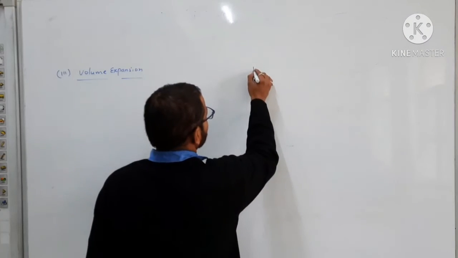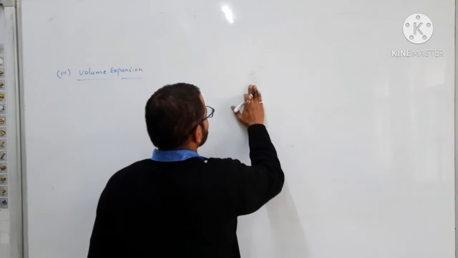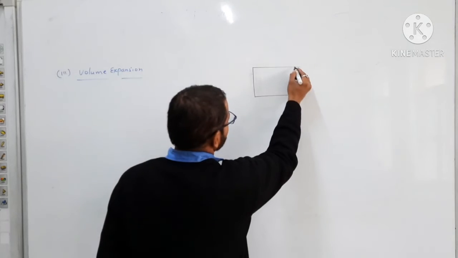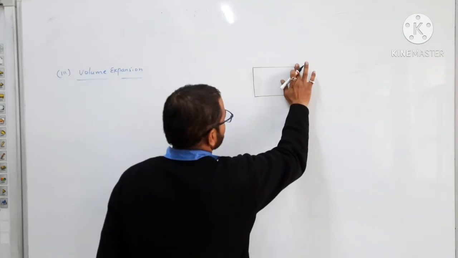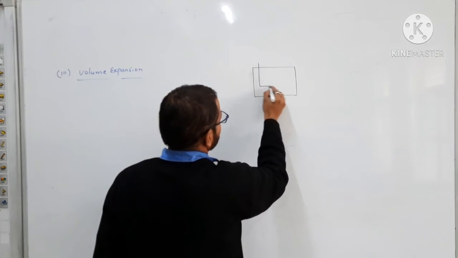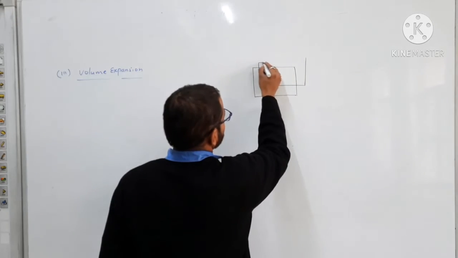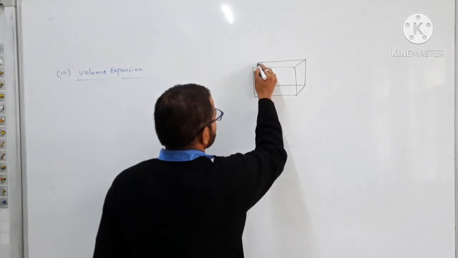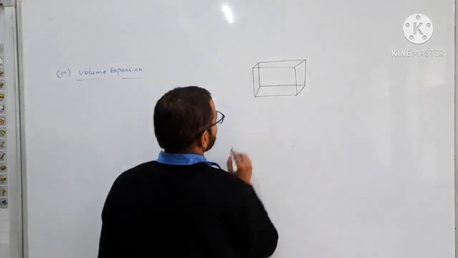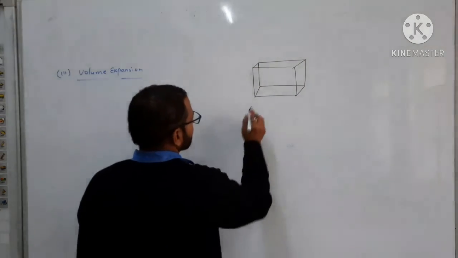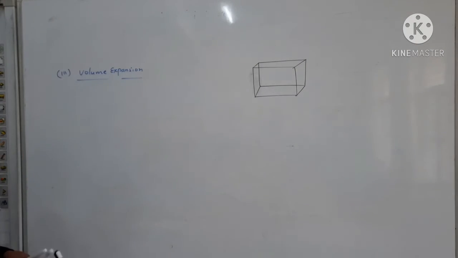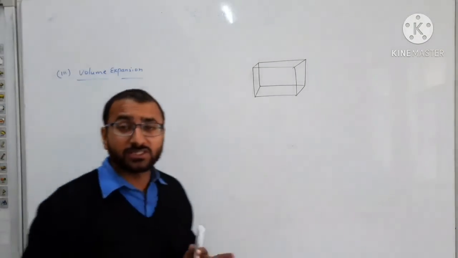So for that I will consider again a cuboidal body initially, a three-dimensional object, with some initial volume V, and on increasing its temperature from T1 to T2, suppose T2 greater than T1, then we will see that its volume increases from V to V plus delta V. So here we will talk about the change in volume.